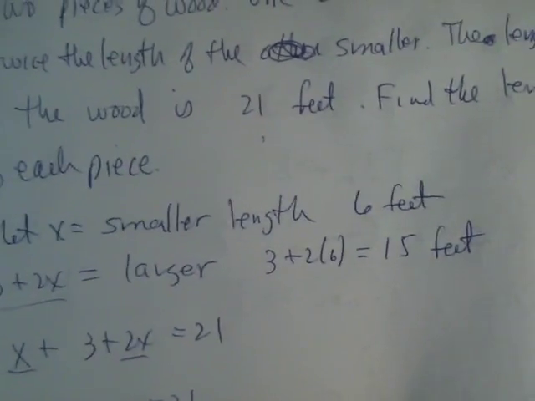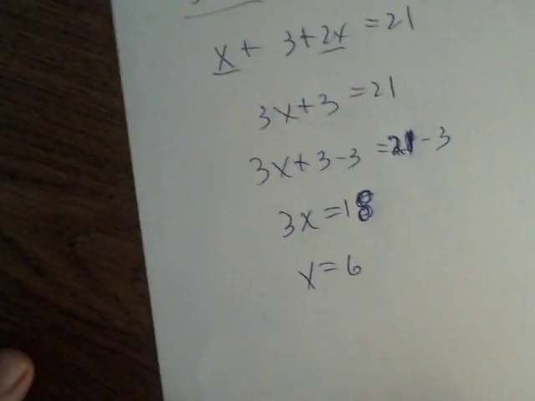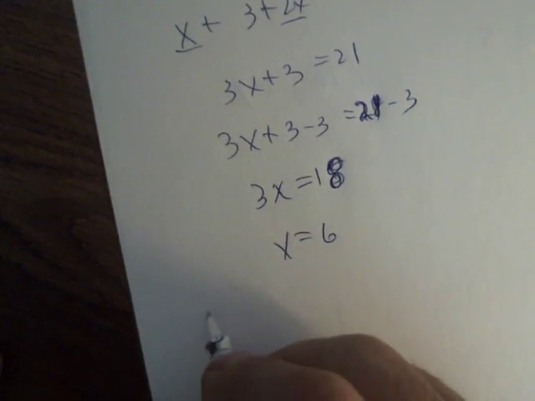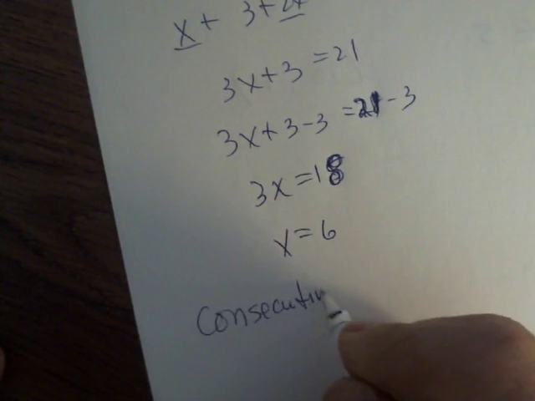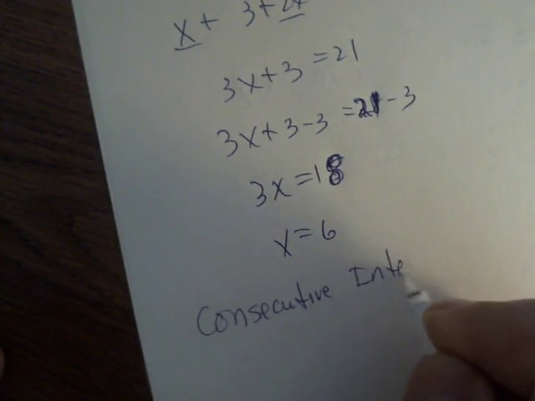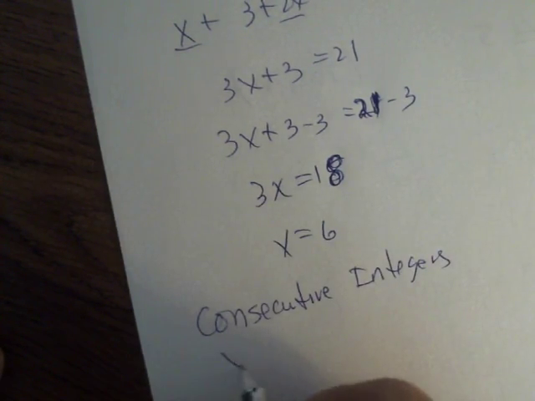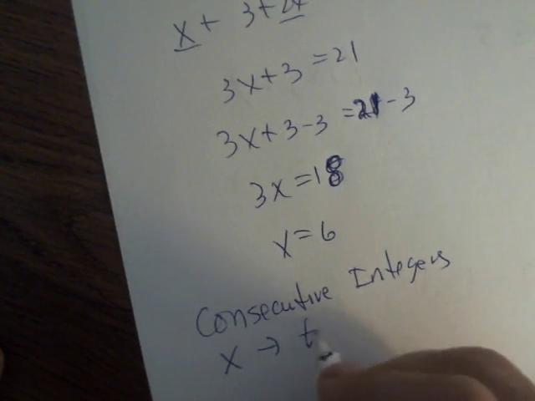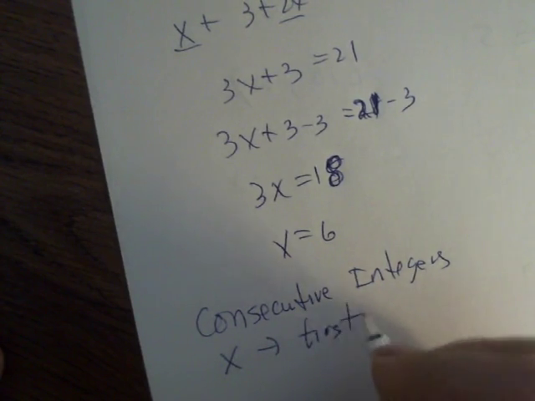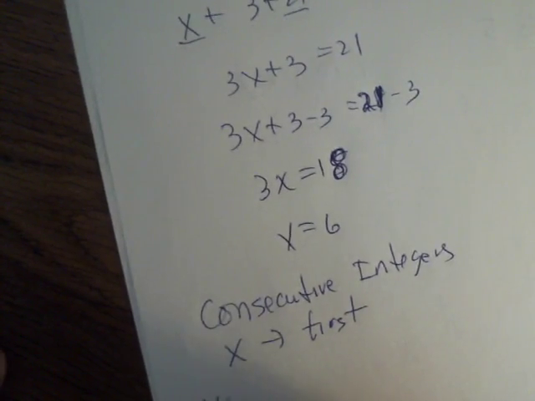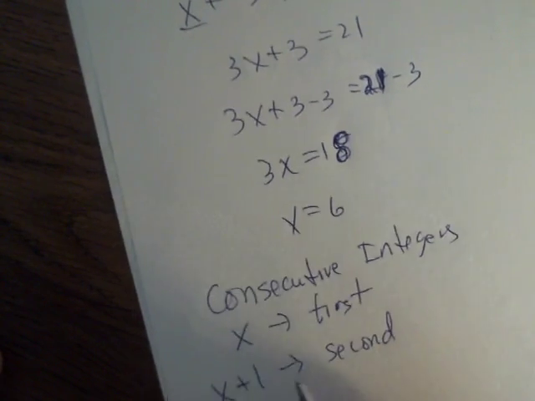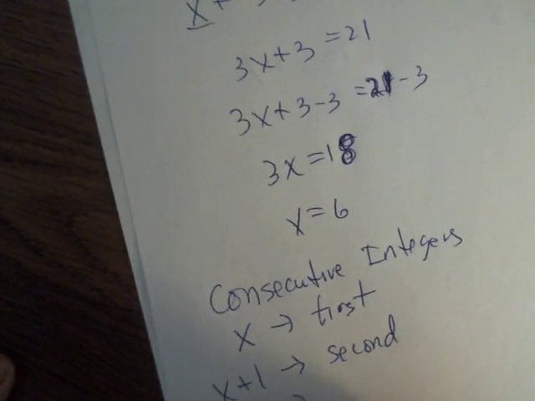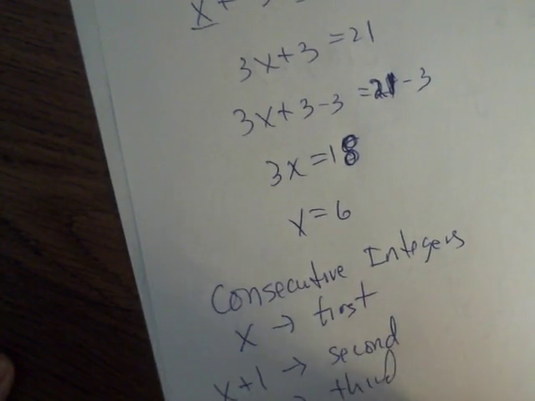One other item with the word problems are consecutive integers. Always let x be your first one. And then since they're consecutive, x plus 1 is your second integer, x plus 2 is your third, and so on.